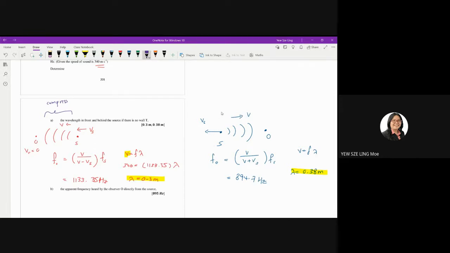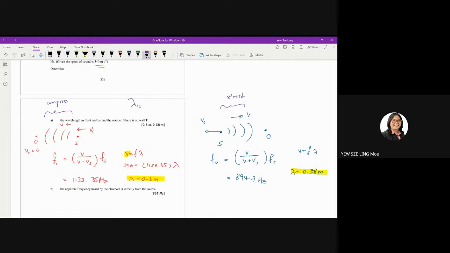Whereas for the wave on the right-hand side, what happened is now you stretch the wave. Therefore, the wavelength is larger than the one on the left-hand side.